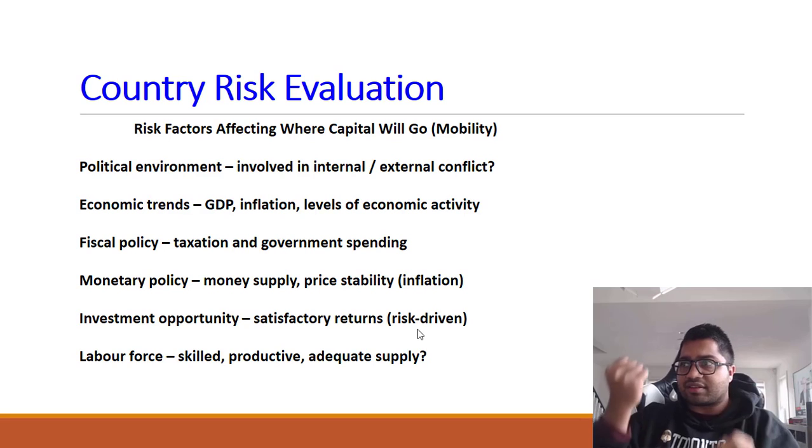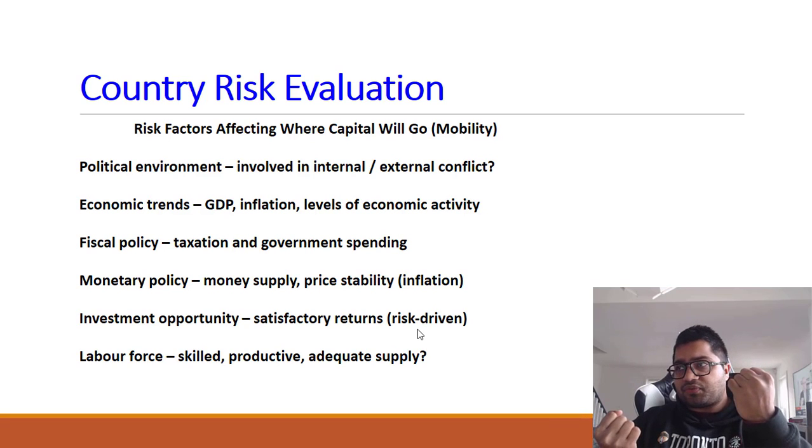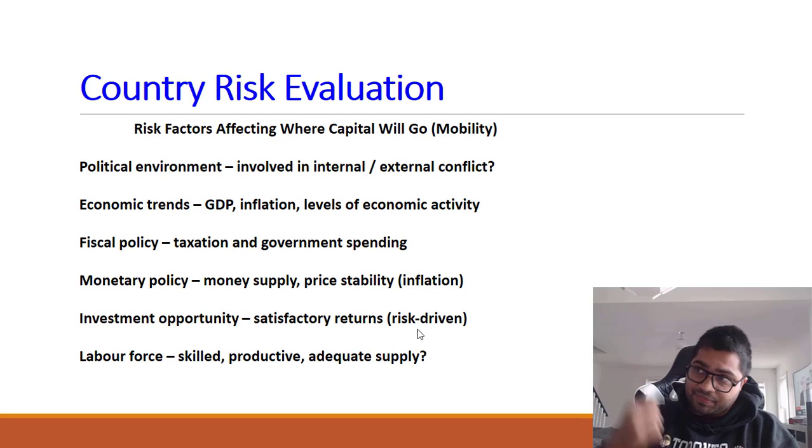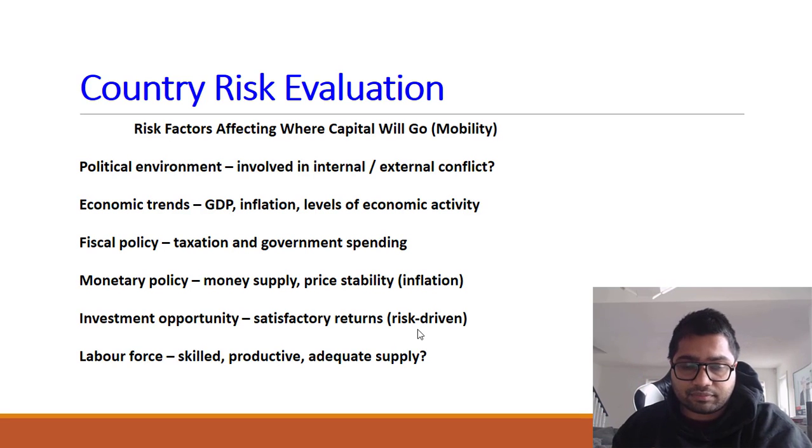We have discussed the risk-return trade-off. So if risk goes down and returns stay the same, capital will come there. Labor force: skilled, productive and adequate supply of labor also improves a country's standing.